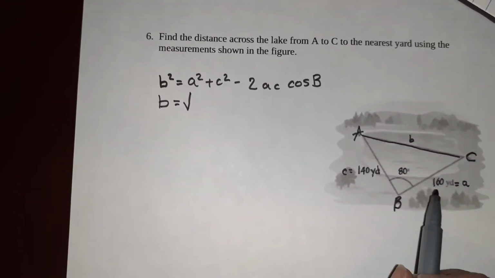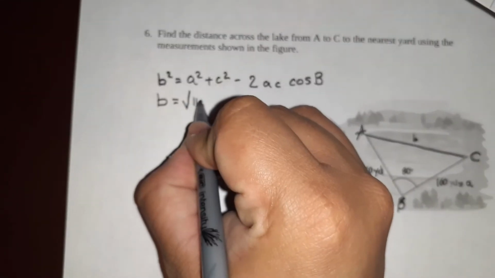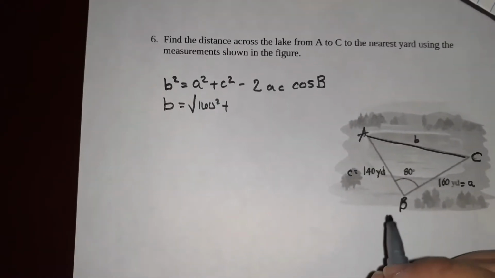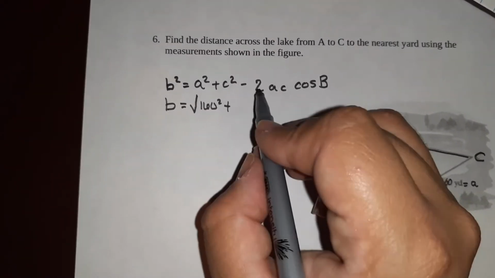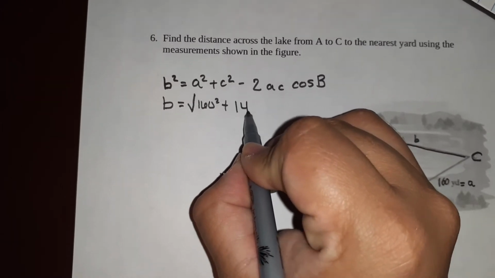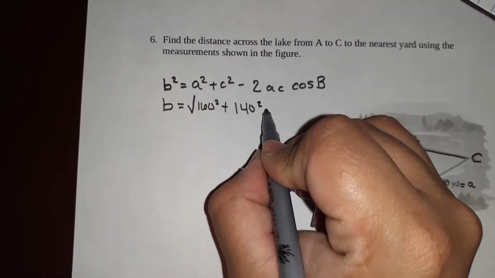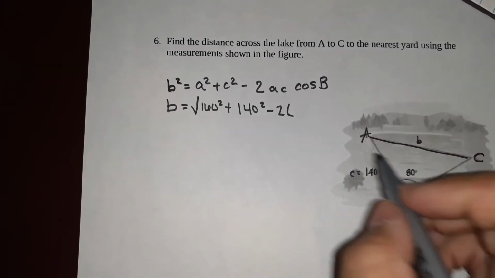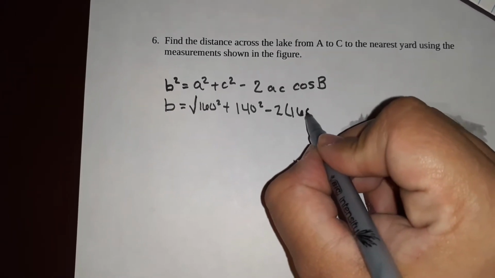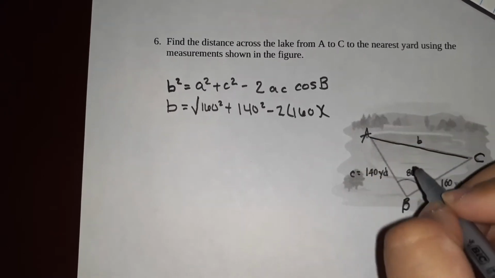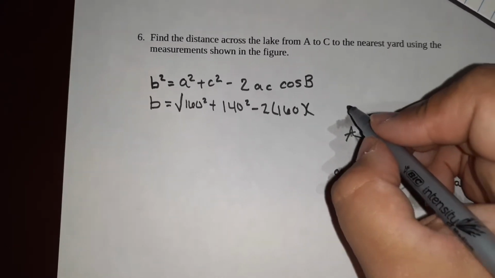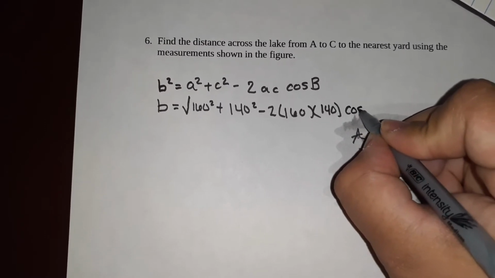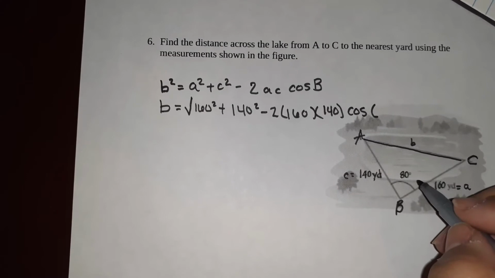So I'm going to get my 160 and square it, plus my 140 and square it, minus 2 times my a, which is 160, times c, which is 140, times my cosine of b, which is 80.